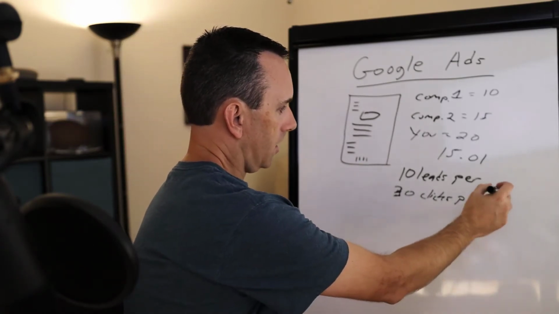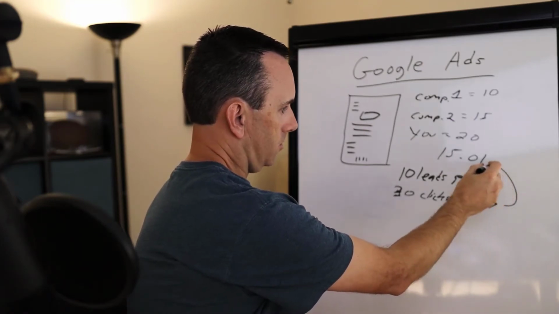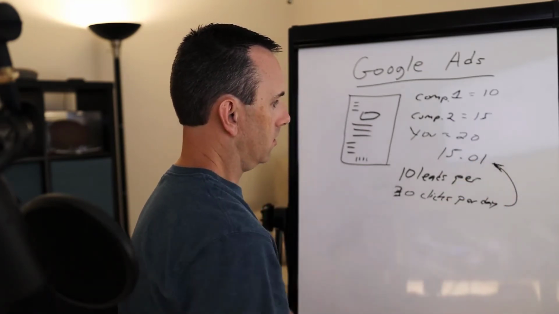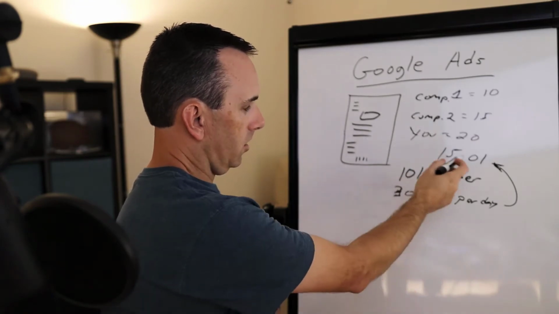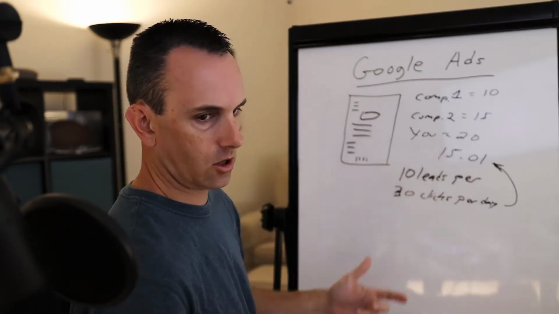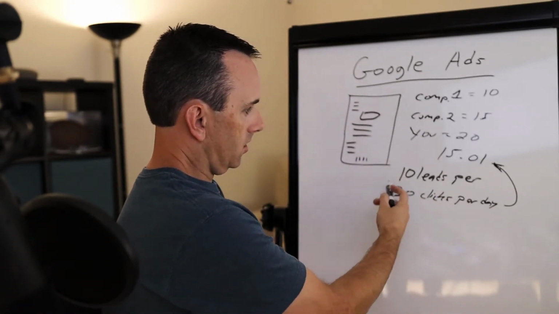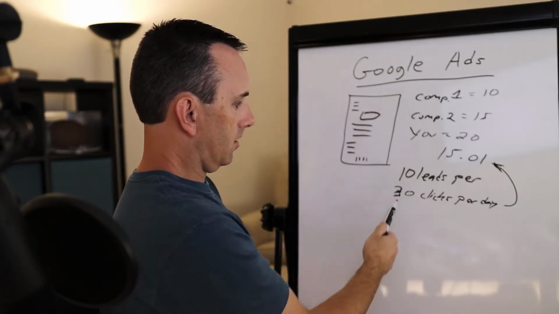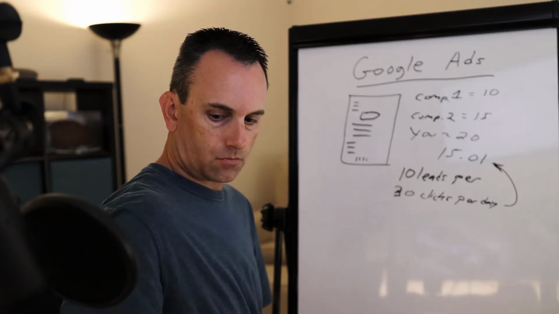To get your daily budget, what you should be spending to get 10 leads or 30 clicks per day, you need to multiply that times your average cost per click. So if my average cost per click is $15.01, to get 10 leads I need to do 30 times 15.